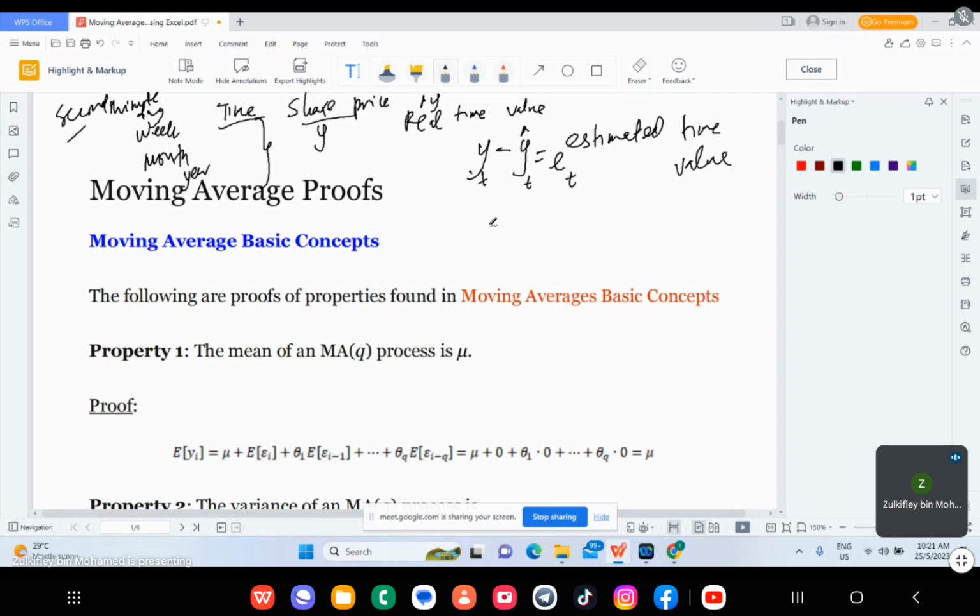Setengah buku dia menulis sebagai y, setengah buku dia menulis sebagai x, ada setengah-setengah menggunakan z, zt, bergantung kepada penulis lah.